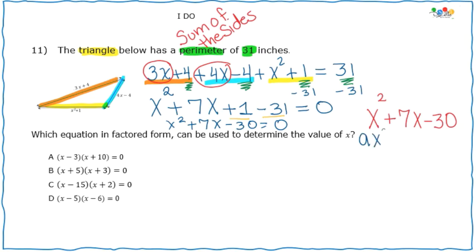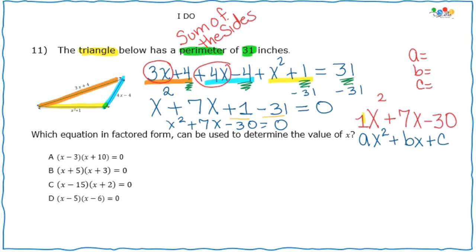So I'm going to write down ax squared plus bx plus c. Next, I want you to remember that anytime that there's no coefficient, it's understood that it has a 1. So make sure you write down the 1. So I'm going to write down my ABC over here, and I want you to find it for me.